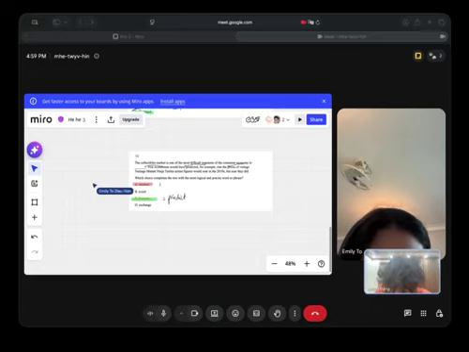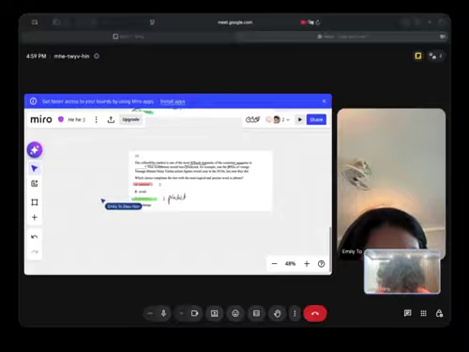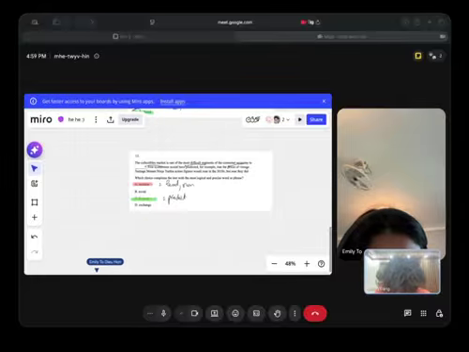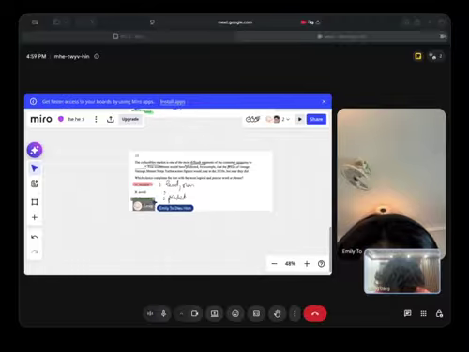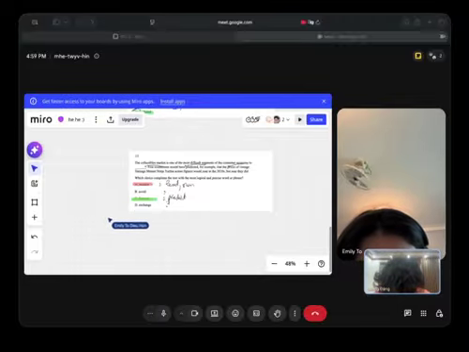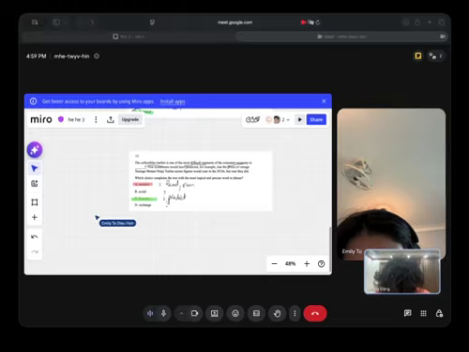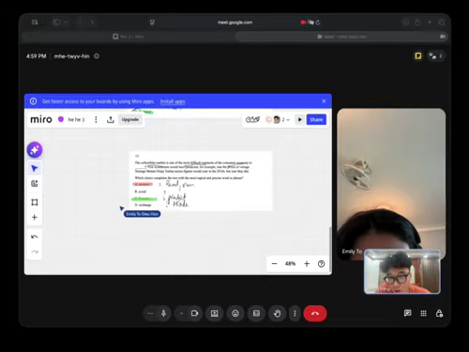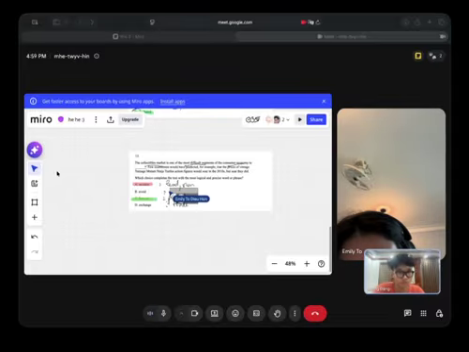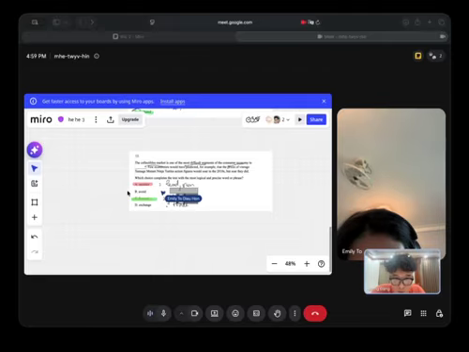Monitor means to lead or to run something, right? And avoid, yeah, you know what avoid means. Exchange, you know what it means, right? It means trade, just trade something with someone.